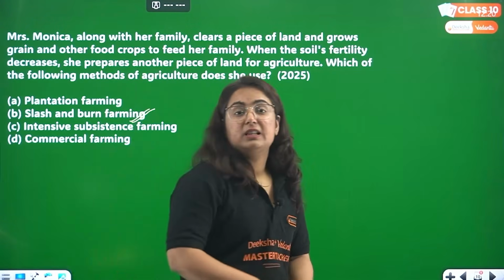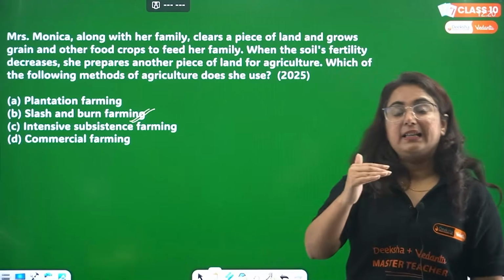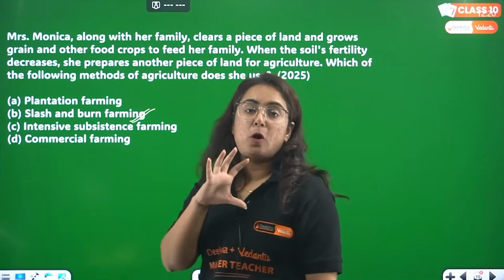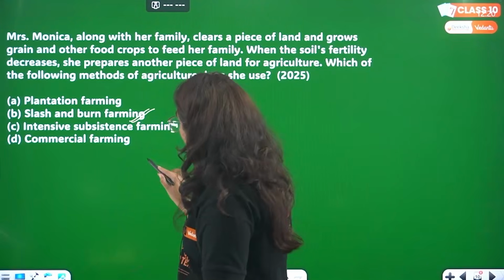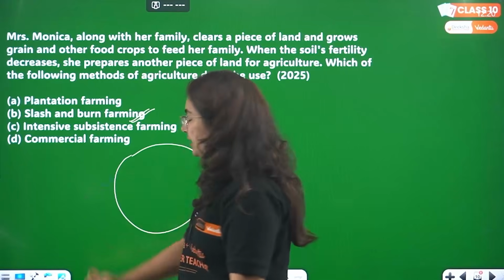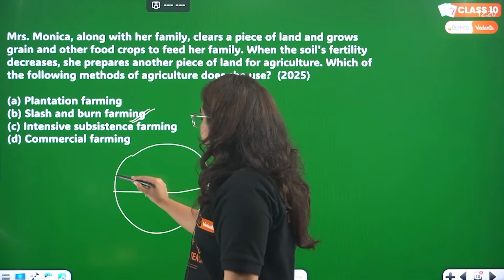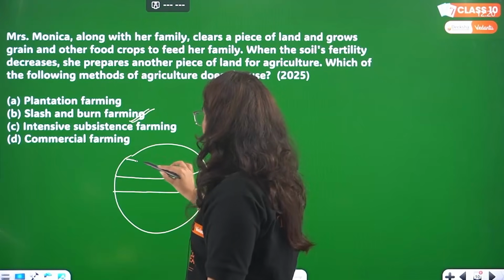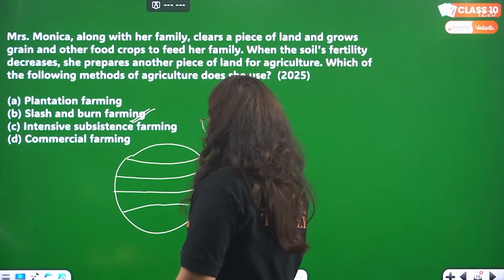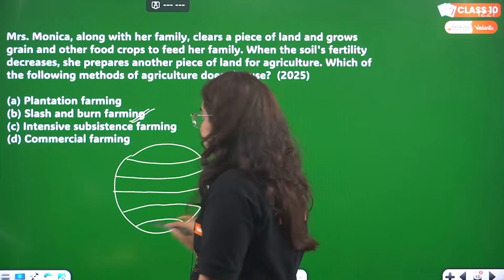Because see, the half part of India lies in the tropical region. If you go and see the globe, okay, in between equator passes, there is Tropic of Cancer, then we have Arctic Circle, Tropic of Capricorn, and Antarctic Circle too.